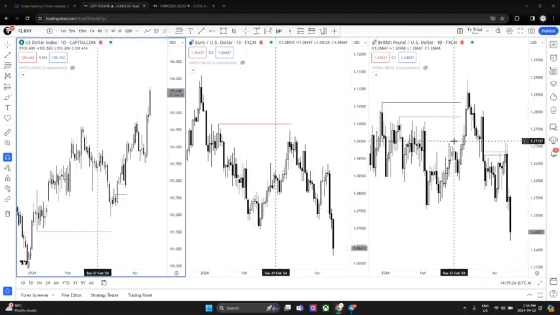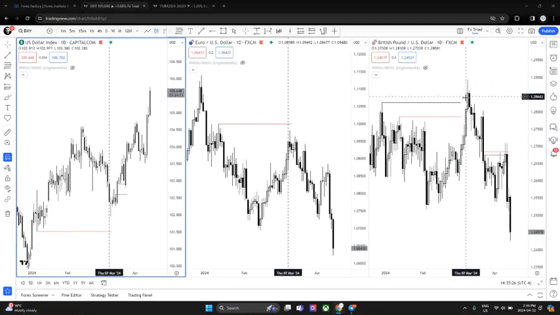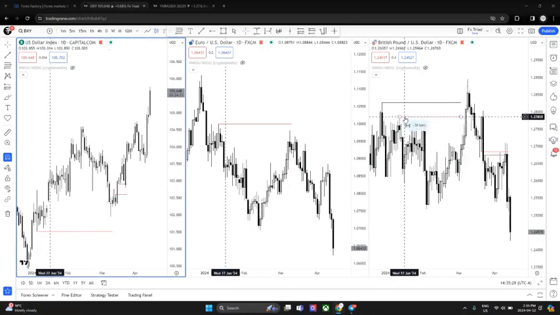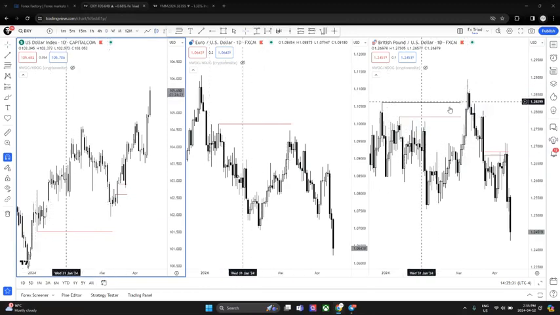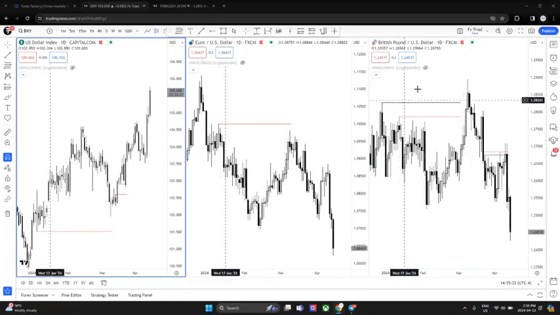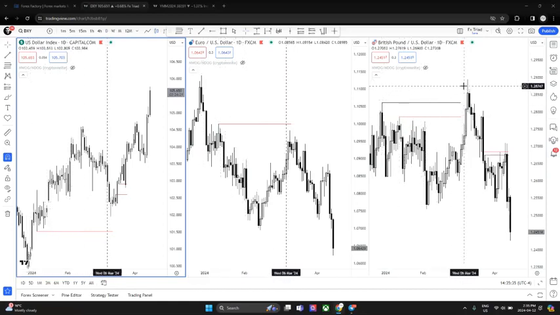And why is that? We took out these highs, and then we had sequential SMT between yearly quarters.